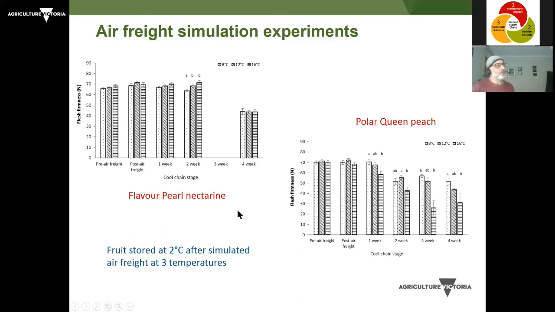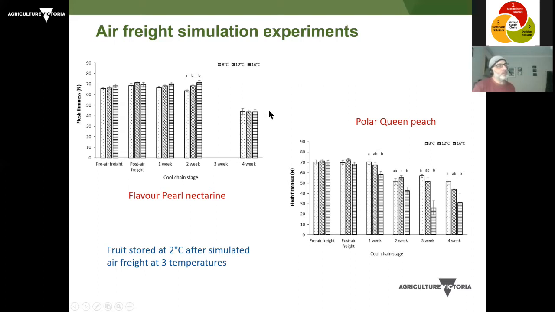It's interesting that for Flavor Pearl, the higher temperatures had very little impact on fruit softening, which would surprise most people, because you'd think that higher air freight temperature for 24 hours must have an impact, and that's what we believe. But when you actually do the trials, for Flavor Pearl you basically get no difference.